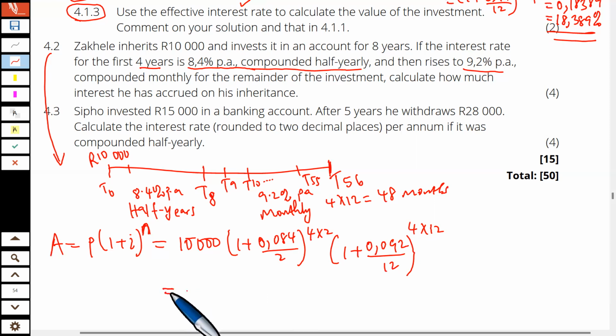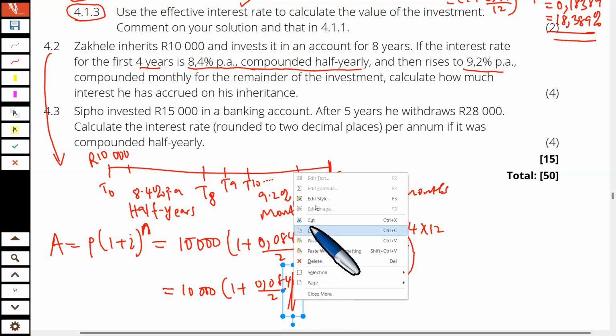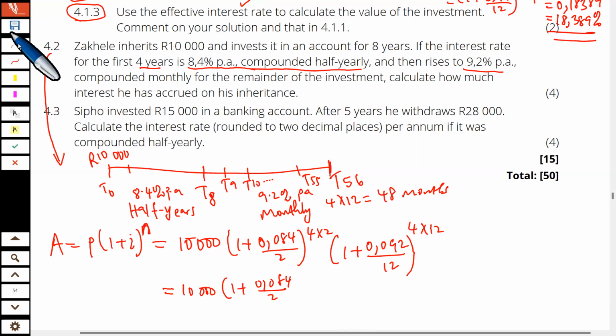So alternatively, this can be seen as exactly 10,000 into 1 plus 0.084, you divide by 2, half yearly, 2 times a year. 4 times 2 is 8, so you can raise it to the power 8 here, times 1 plus 0.092, you divide it by 12, raised to the power 4 times 12.